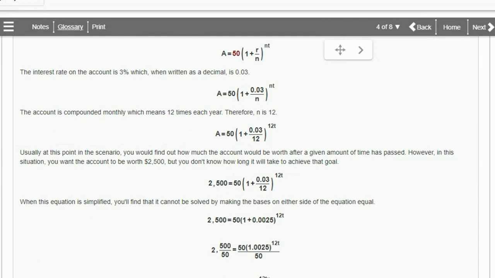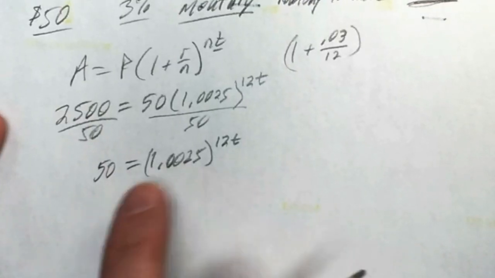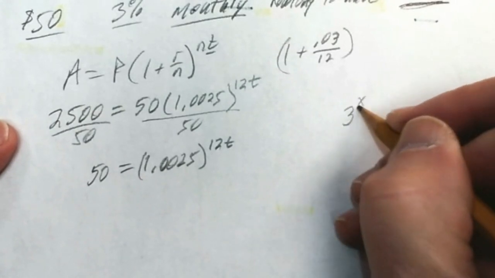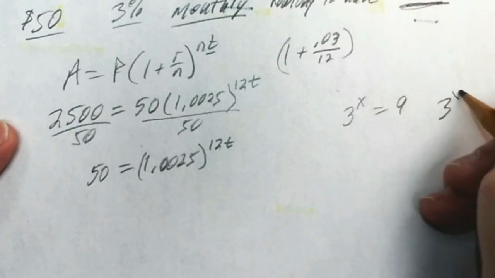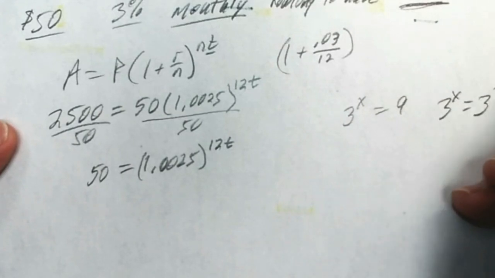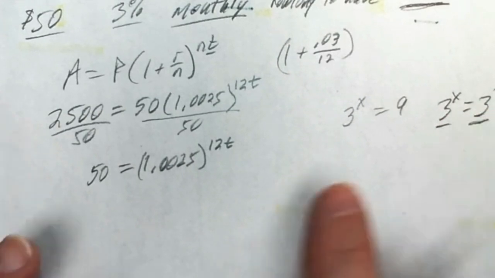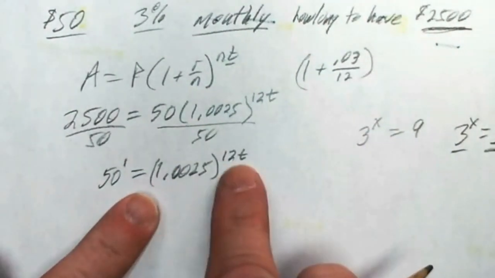But the only way we know to solve exponents, remember, is that we have to get them at the same base. If we had 3 to the x equals 9, we can write them as the same base: 3 to the x equals 3 squared, same base, so we know x equals 2. So this is 50 to the first power, and this is 1.0025 to the 12t.